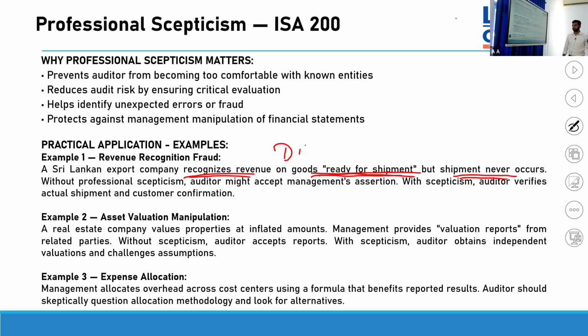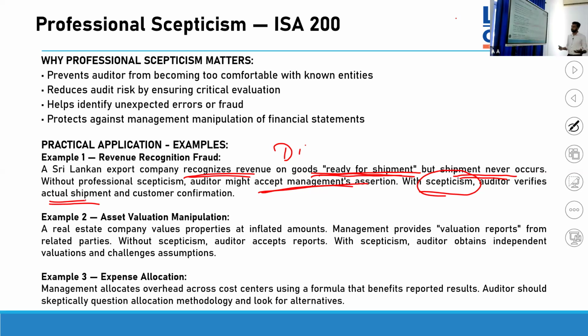If you didn't apply professional skepticism, you might accept management's representation: it is okay, no problem. But if you apply professional skepticism, for sure, as an auditor, you will verify the actual shipment.